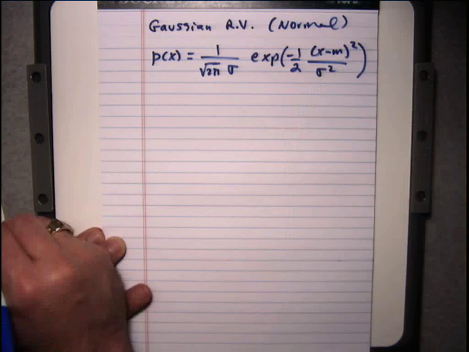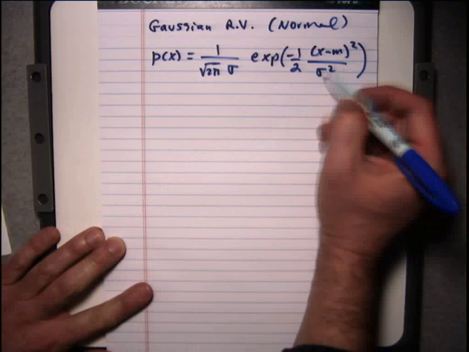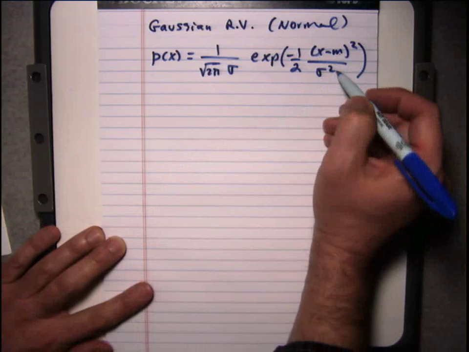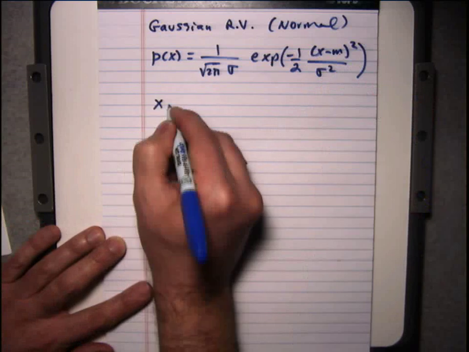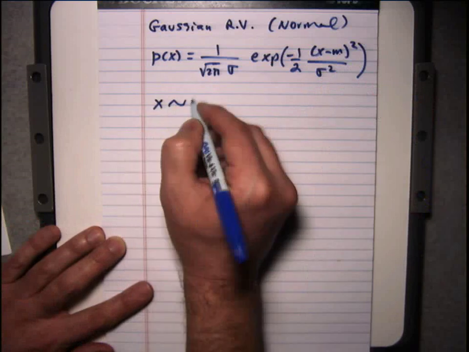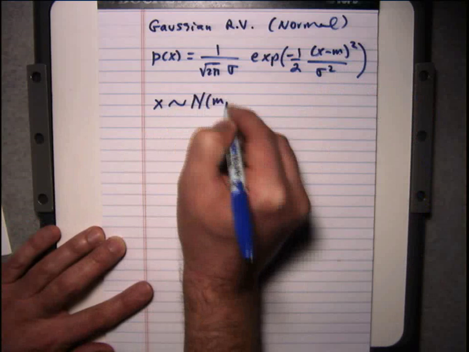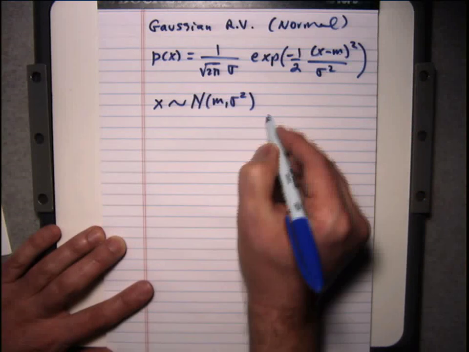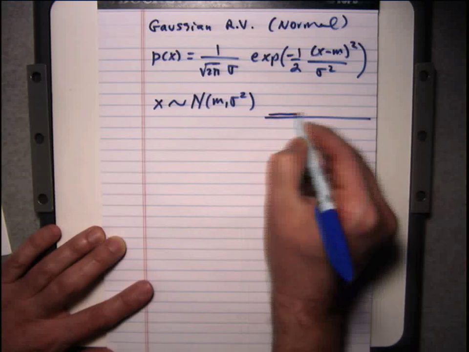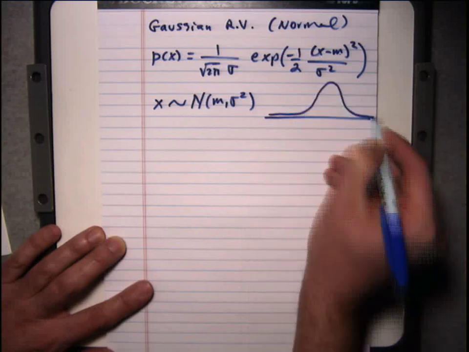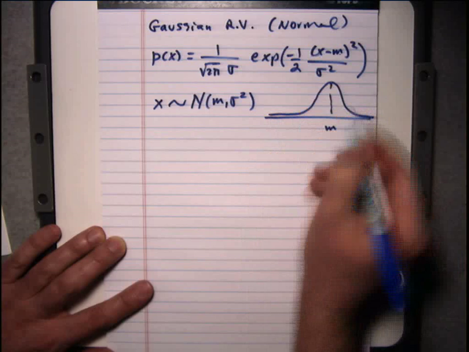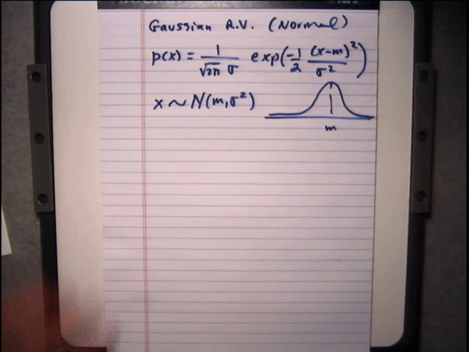Okay? So m is the mean, sigma squared is the variance. We also denote it as x with the tilde here, normal, mean m, variance sigma squared. The shape of it is like what I showed you. This is the classic bell curve. Looks like this. The mean is here, and the sigma is going to give you the width of the random variable. Okay?